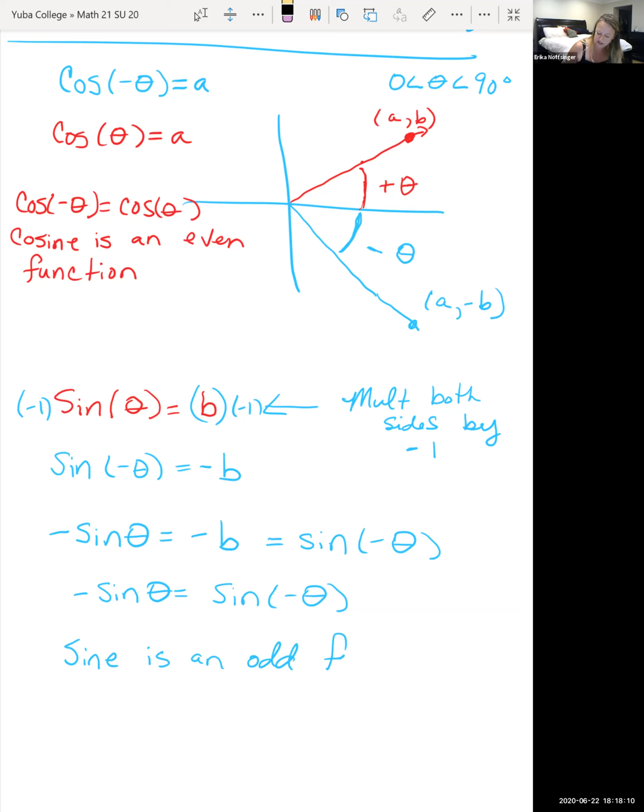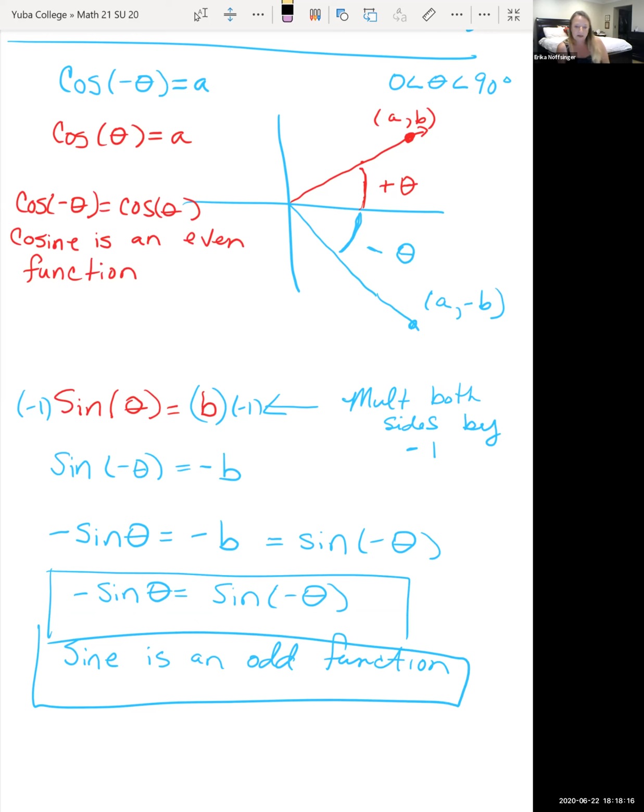So just knowing this makes it a little easier, because if you're given a negative angle, you can either say it's the same thing as the trigonometric function at that positive angle, or pull the negative out front, depending on if it was even or odd.